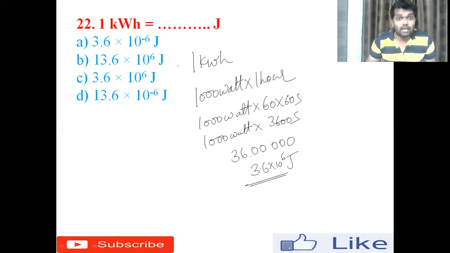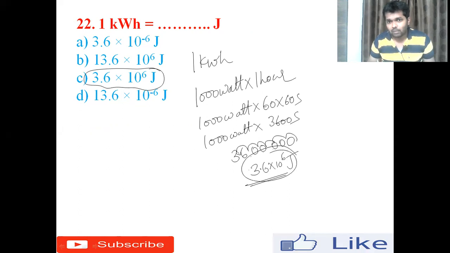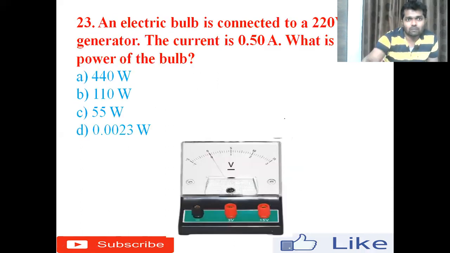The right answer for this question is option C, 3.6 into 10 to the power 6 joules. Here I just shifted the decimal exactly 6 places, that's why I'm raising the power of 10 by 6. And I have taken the unit as joule. All right. Next question.